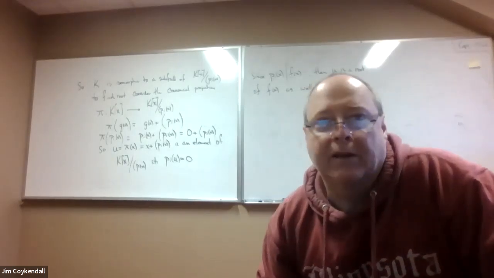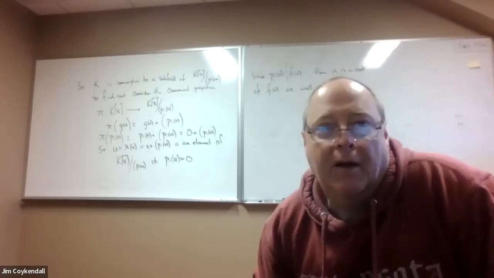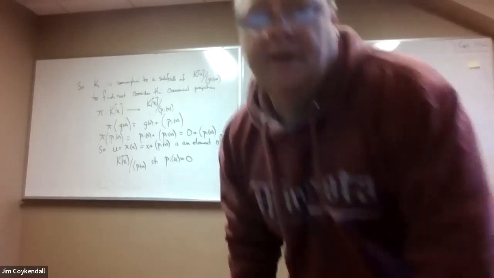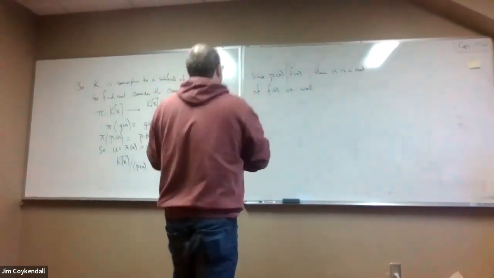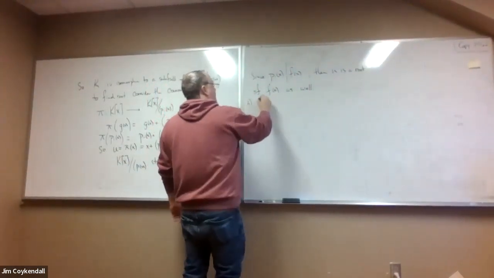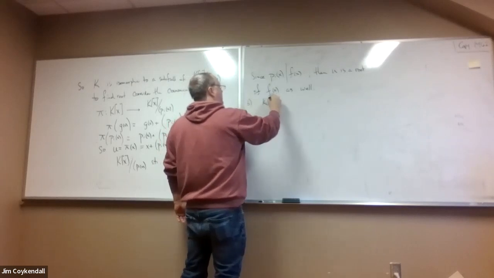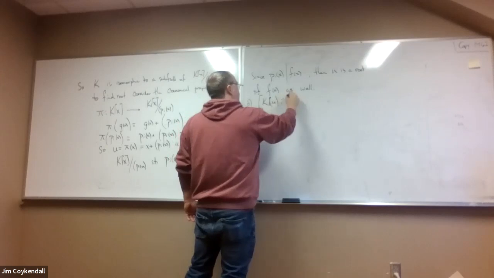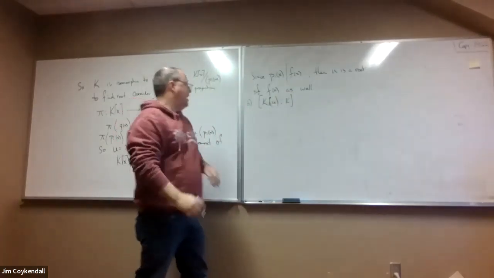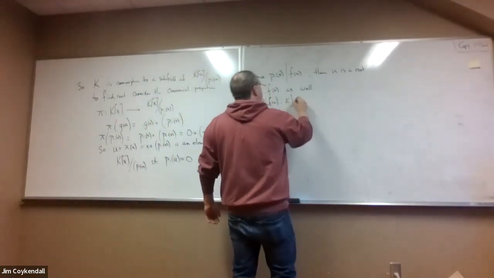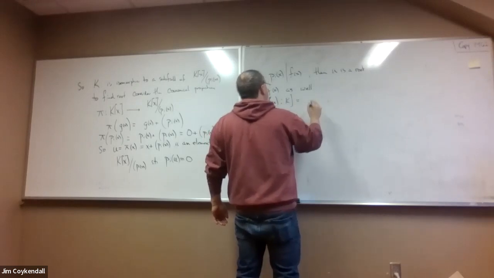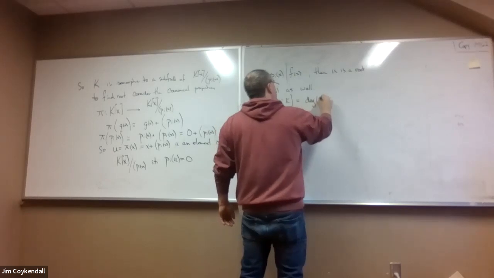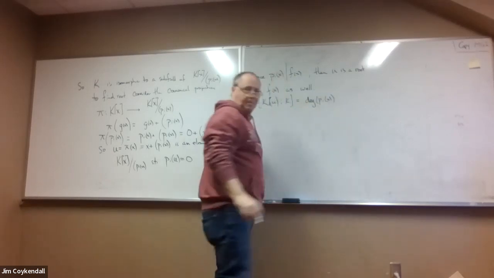Okay, so part B was that claim that the degree of K(u) over K is no more than n, and you get equality if and only if f was irreducible. So notice that part B, the degree of K(u) over K is equal to the degree of π(x).